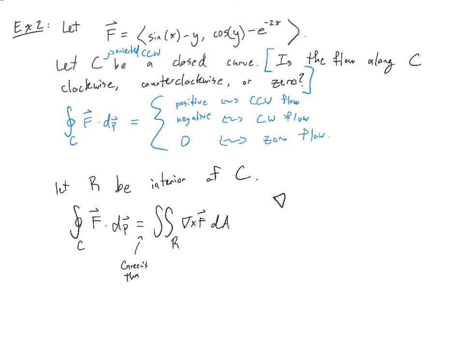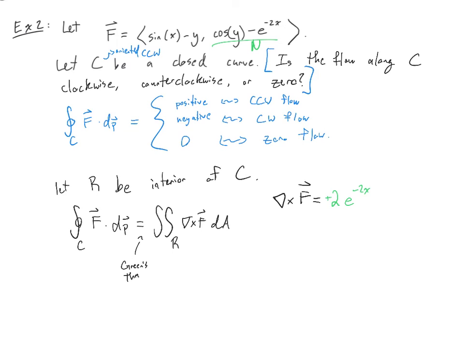And so the one thing we need to compute is the scalar curl of F. I go up here, I take N, and I compute Nx. That's the cosine y part vanishes, and I get minus 2 times minus e to the minus 2x, so that's plus 2e to the minus 2x.